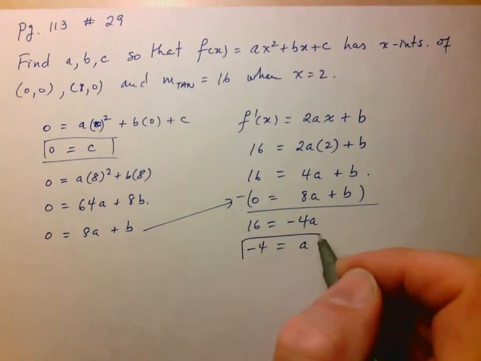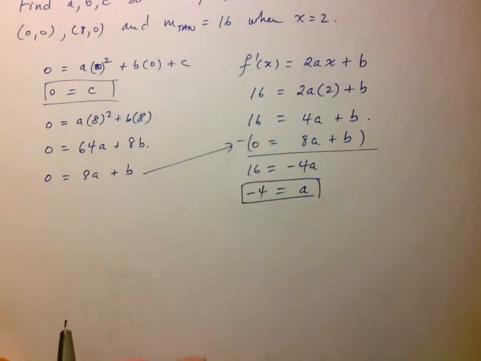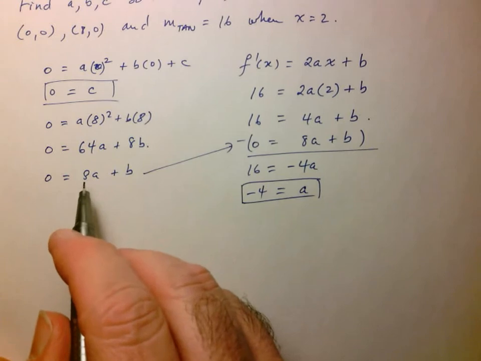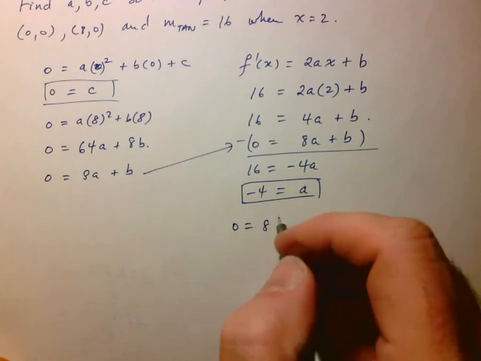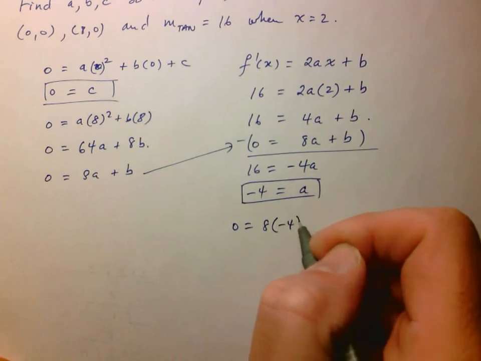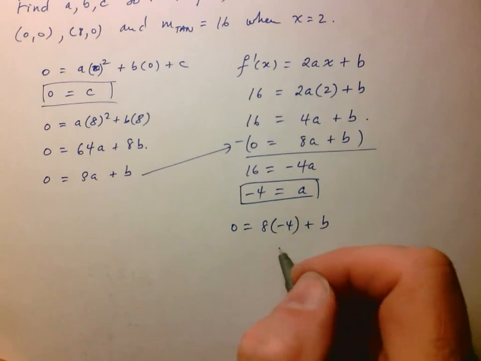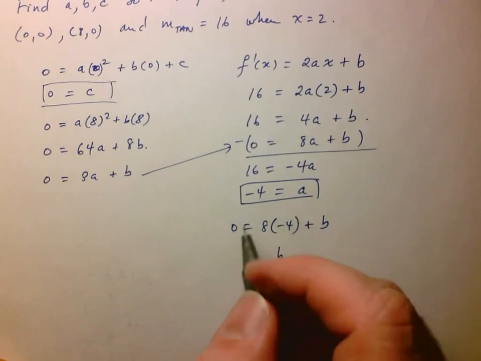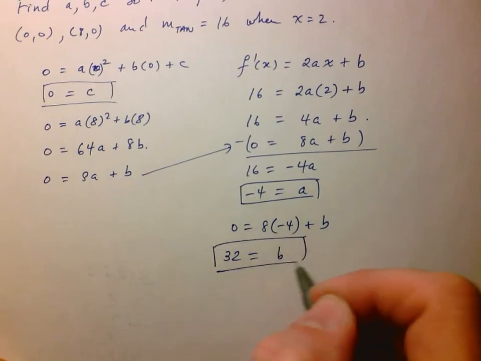And now let's determine our b value. I'll take this equation here, so 0 equals 8 times a, which is negative 4, plus b. Bring this negative 32 to the other side, so b is just equal to 32. And there you have it.